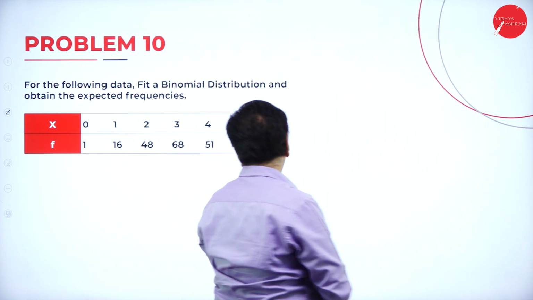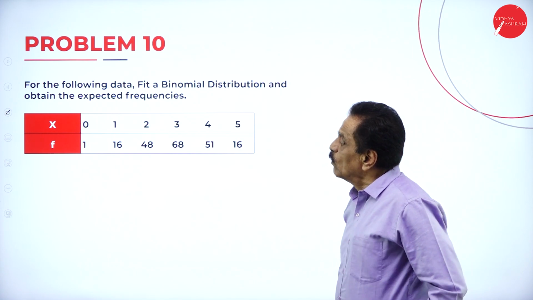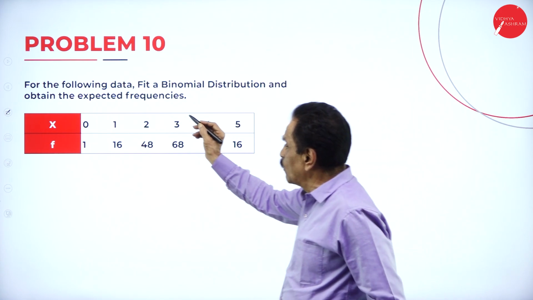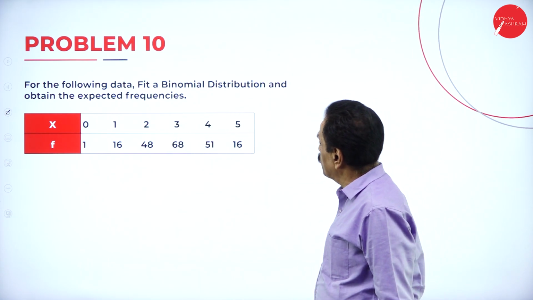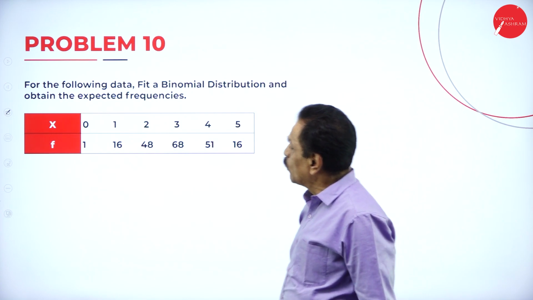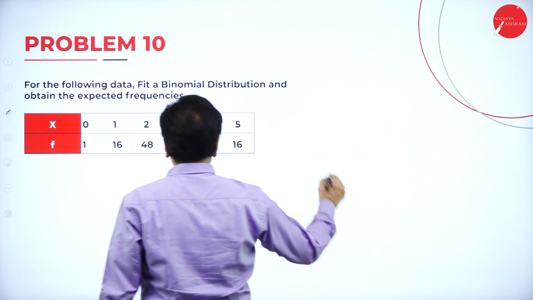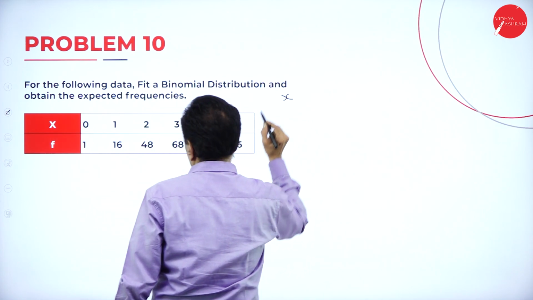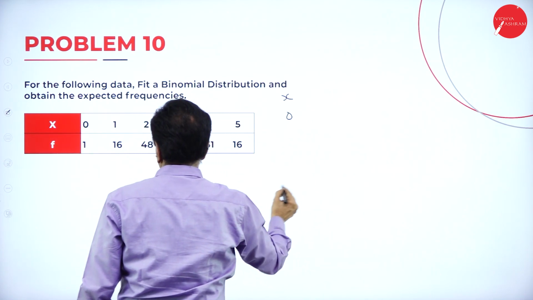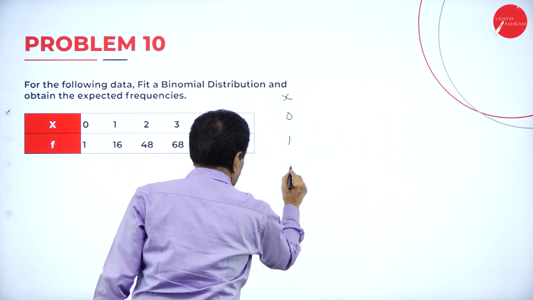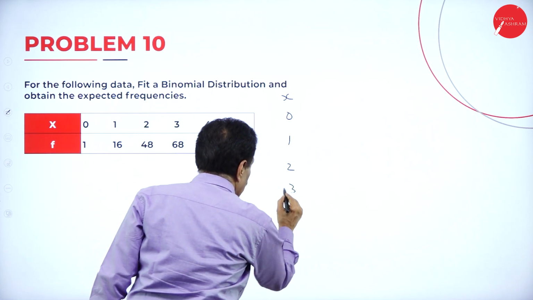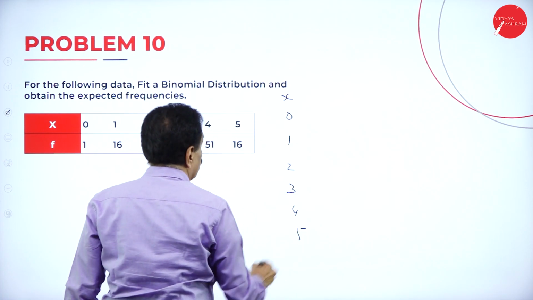This is the problem which will be asked for 10 marks. For the following data, fit a binomial distribution and obtain the expected frequency. First, add the x. X is equal to 0, 1, 2, 3, 4, 5.